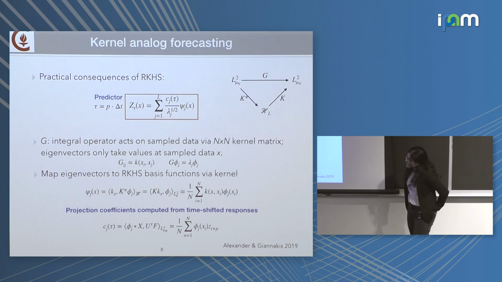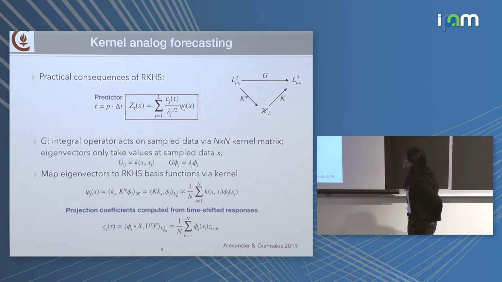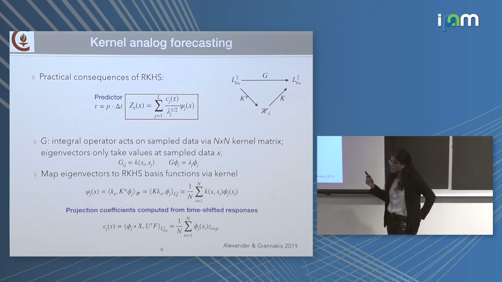So the practical consequence of building this in an RKHS is that, due to the properties of the kernel function, the kernel matrix that we construct from it is an approximation to an integral operator that acts on the sample data via an n by n kernel matrix. And the eigenvectors only take values at the sampled data xi.